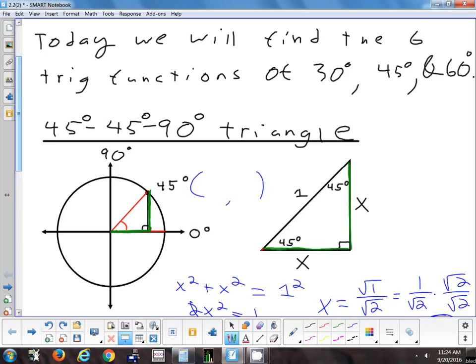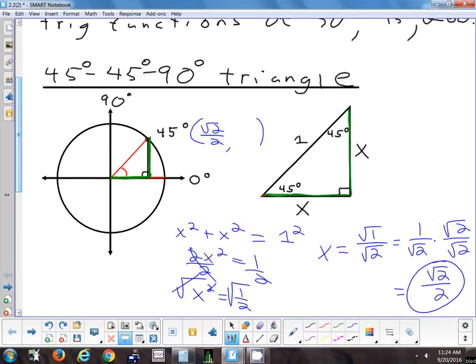John, how far to the right do I go? 1 over square root of 2. Yes, but once we fix it, square root of 2 over 2. So yes, 1 over the square root of 2 is the answer. We just want to write that nicely.